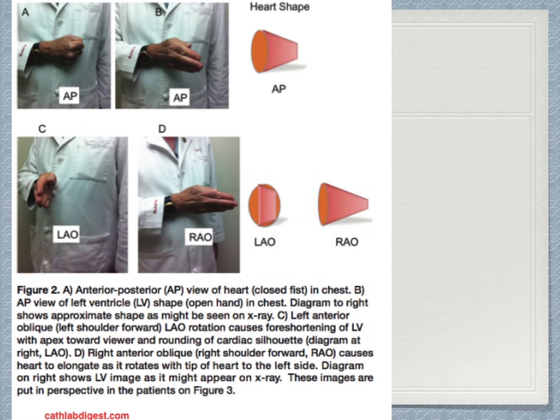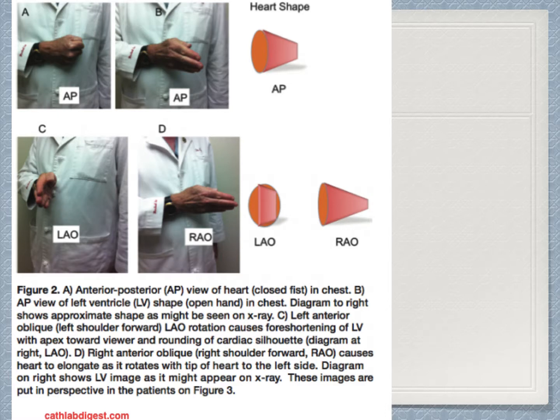Here we can see the explanation of how you can understand the different angiographic projections. So clench your right fist on your thorax. You just clench your fist, that would be an AP view. And if you want to see the left ventricle, extend your fingers, and that's how it looks. In C, how can you differentiate LAO from RAO?